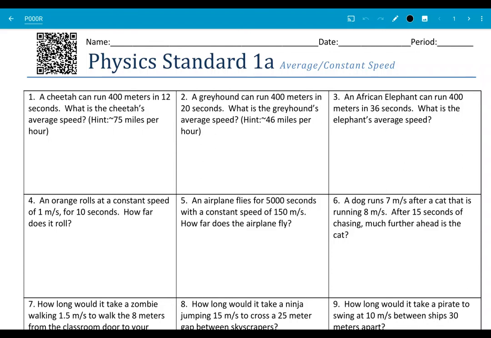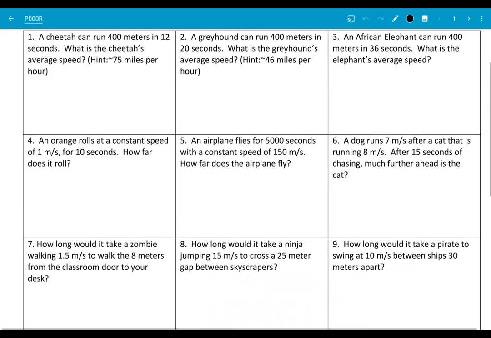On 4, 5, and 6, you got to be careful though, because you're going to be solving for something different. In that case, it's going to be distance. How far does it go? Question number 6 is a little bit different because you'll have two things that are moving, and it'll be wondering how far ahead one is from the other. 7, 8, and 9 say how long will it take, which means we're looking for time in those ones.